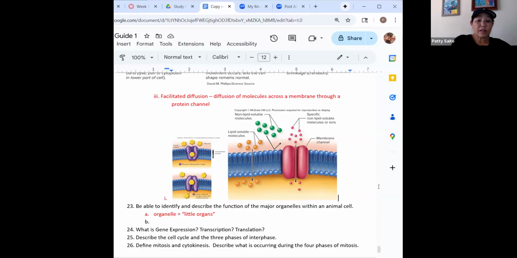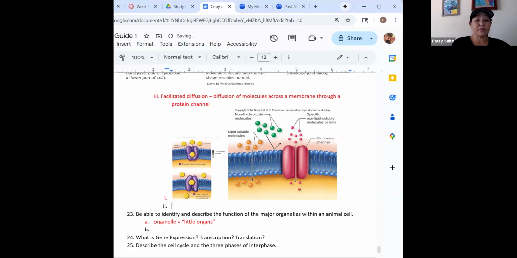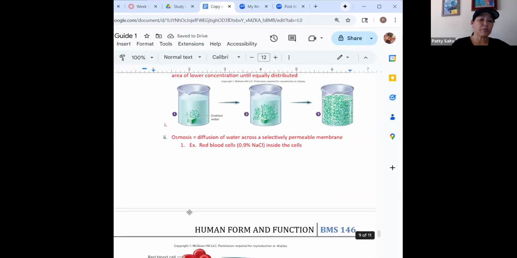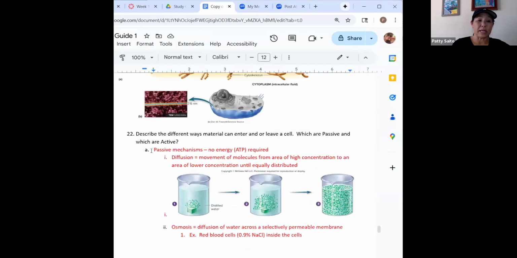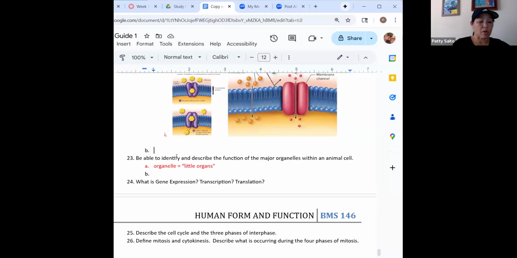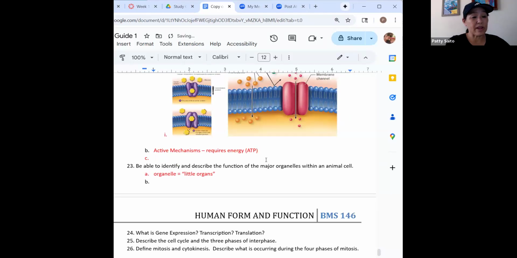All right, so those were the passive mechanisms. Next, we have the active mechanisms. The active mechanisms require energy. Now we're going to do B, the second type of mechanism, and these are the active ones, the ones that require energy, in the form of ATP.